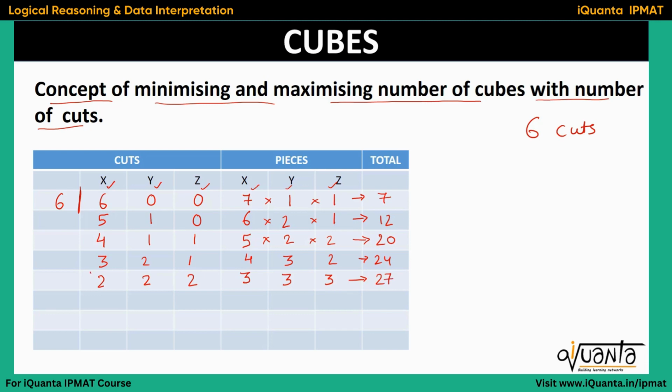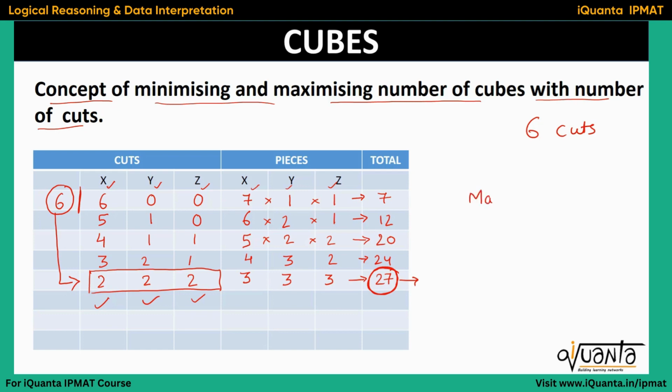If we notice this case, we have divided these 6 cuts equally into the x-axis, y-axis and z-axis, and in this case we are getting the maximum number of cubes. So we can say that to maximize the number of cubes or pieces, we have to distribute the cuts equally into all the axes.